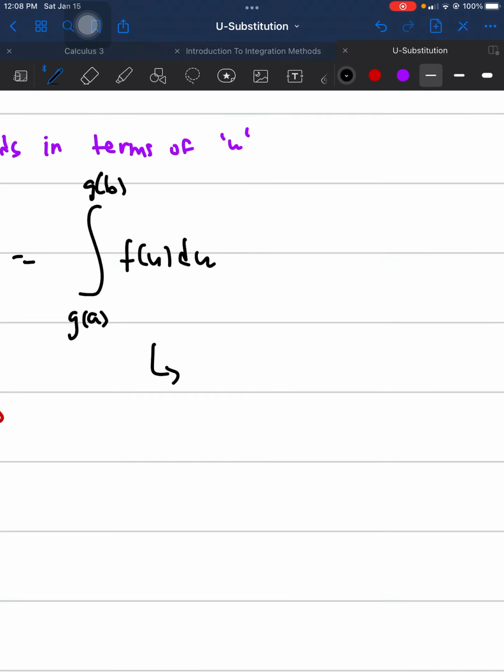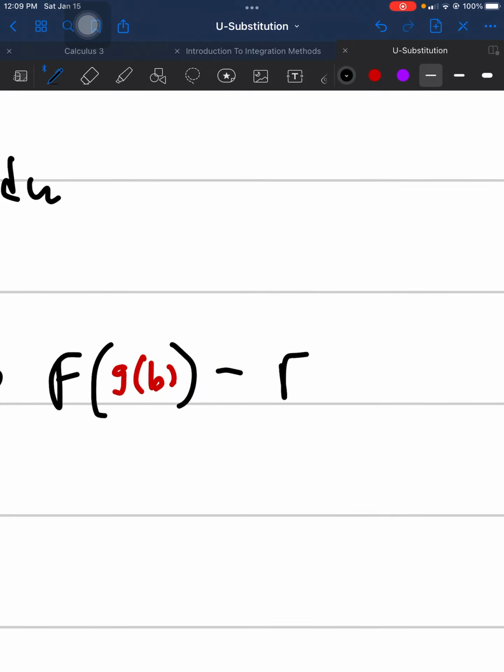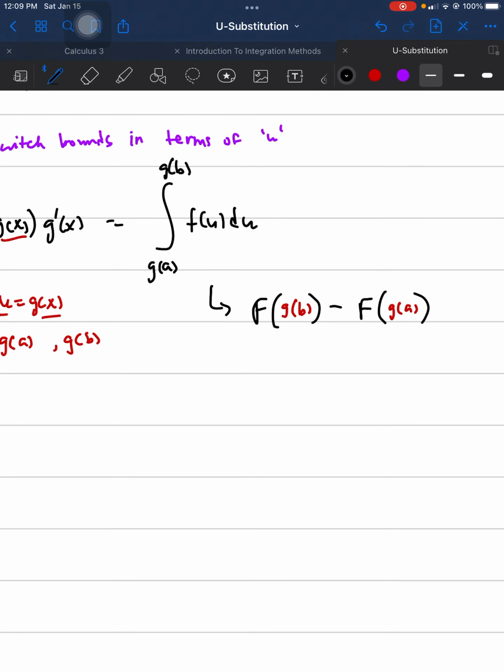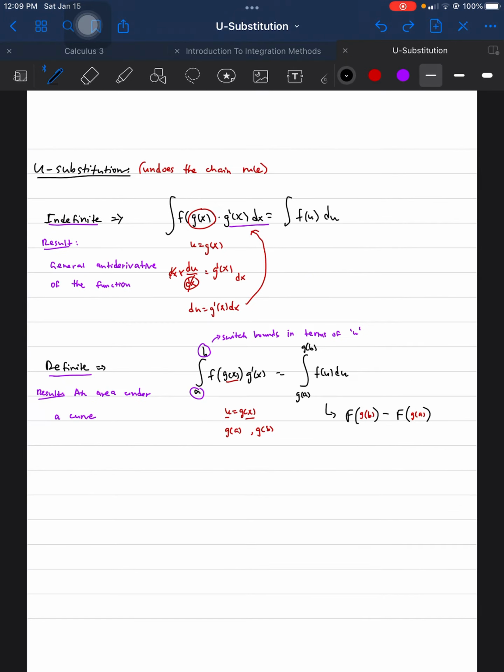So this would basically just be f of g of b minus f of g of a. So g of b and g of a are just the bounds switched to in terms of u, and then you evaluate regularly using the fundamental theorem of calculus.